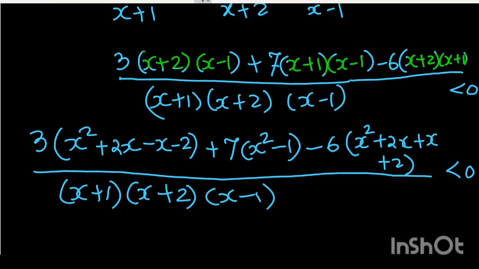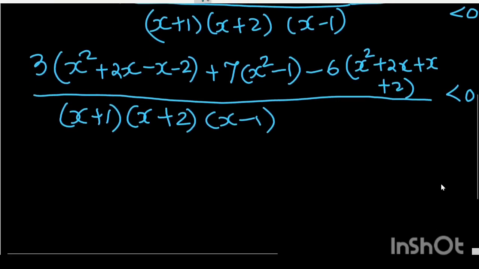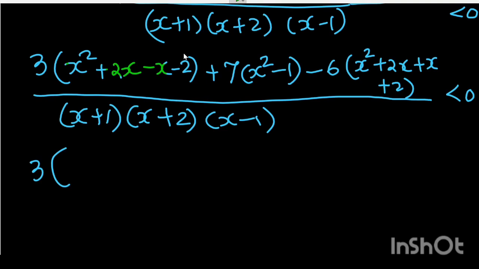So in the next step, x square plus 2x minus x will become what?